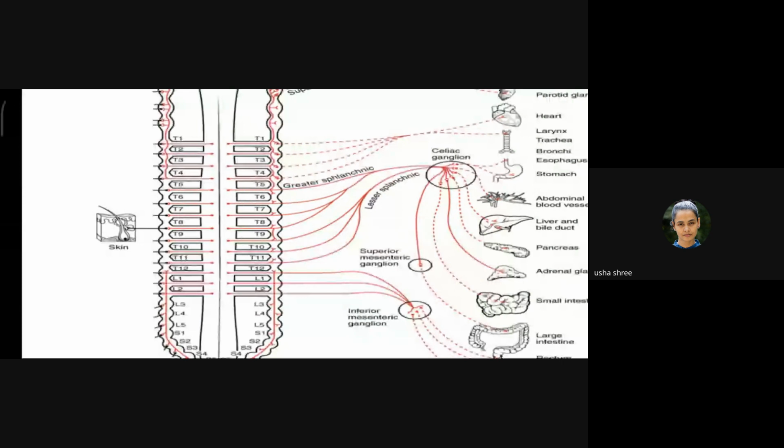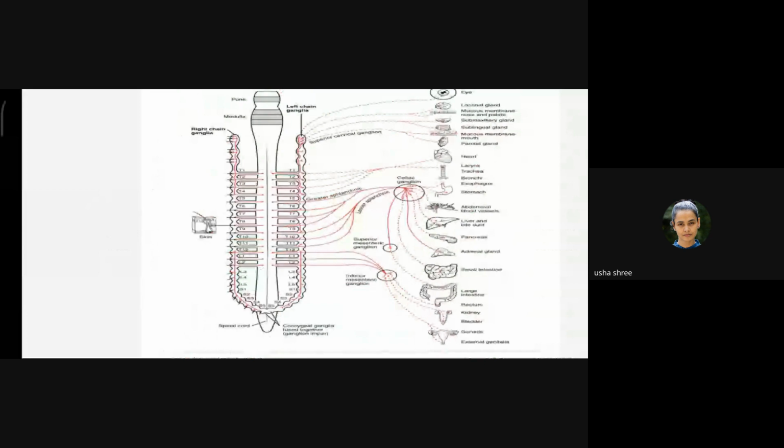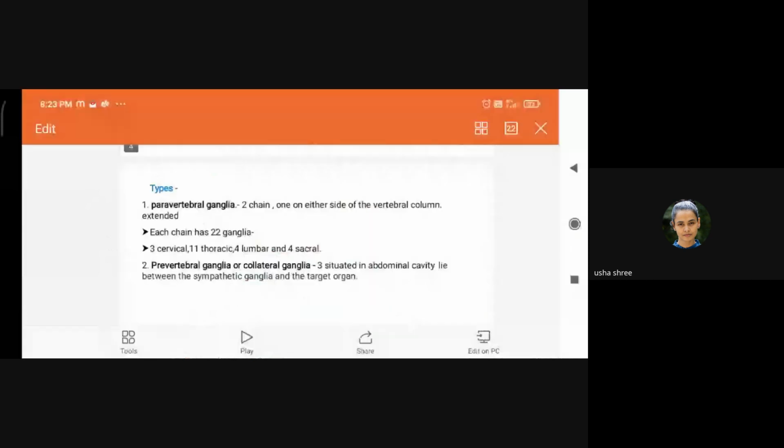These are the chains of ganglia, two chains on either side of the vertebral column, and each chain has 22 ganglia divided into 3 cervical, 11 thoracic, 4 lumbar, 4 sacral.